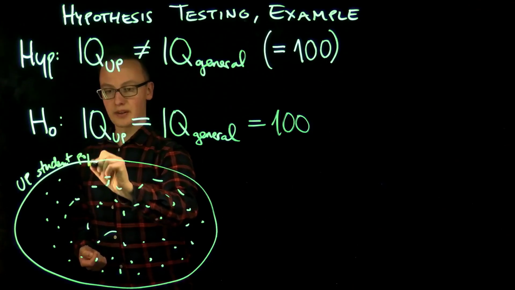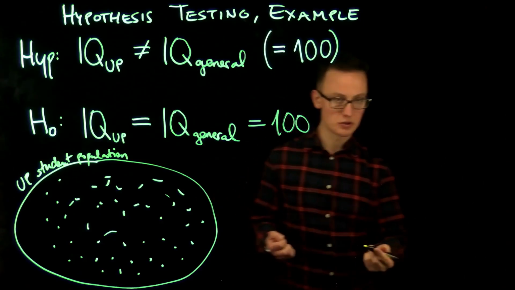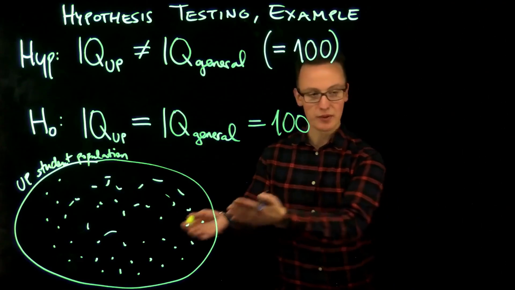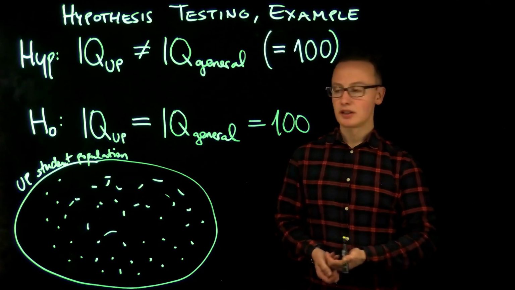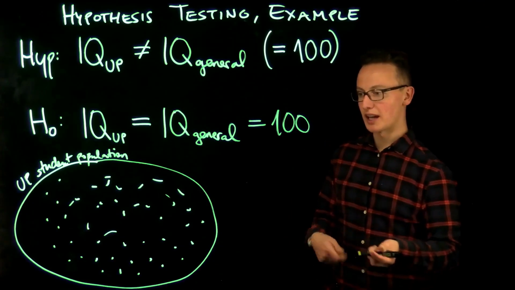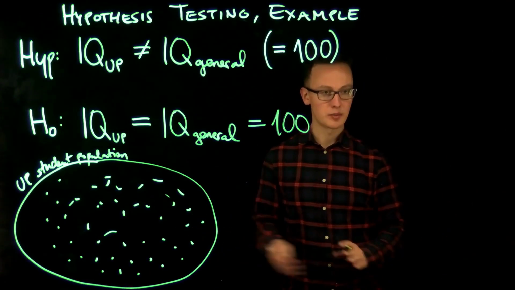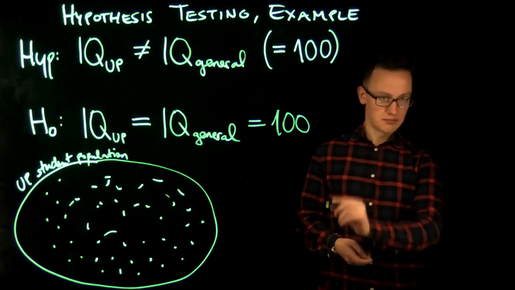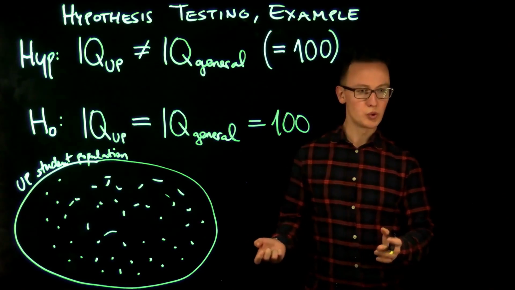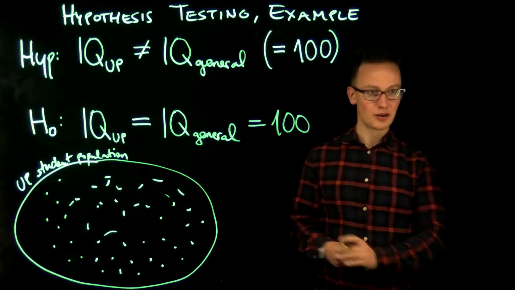And now we want to conduct an experiment, like we want to administer an IQ test to some of these students and see what comes out. Now, ideally, of course, if we had the time and money and patience, we would like to test all Uni Potsdam students, every single one of them. Then we could compute the average of these results, and this would be exactly the true average IQ of the entire student body of Uni Potsdam.